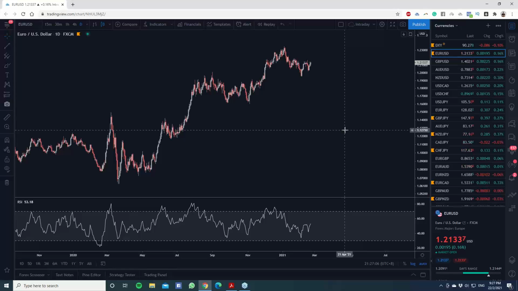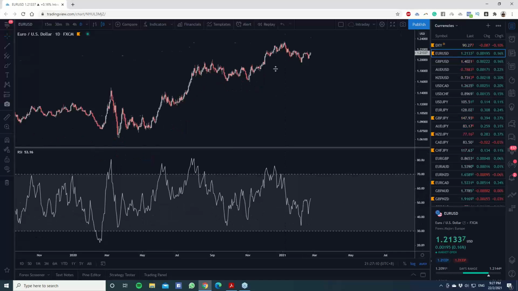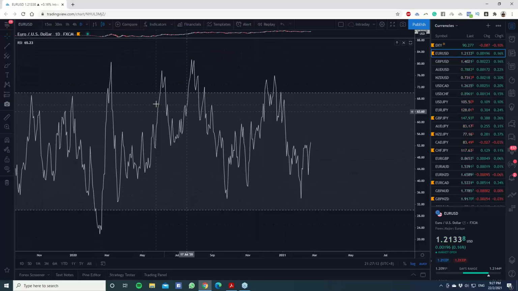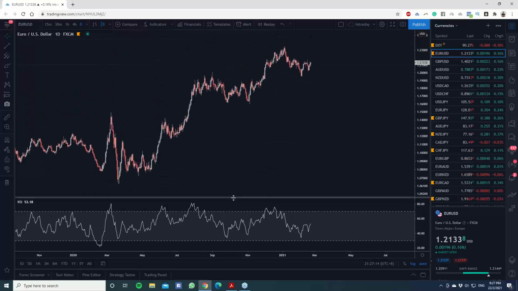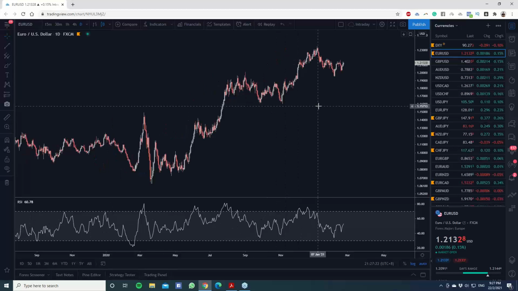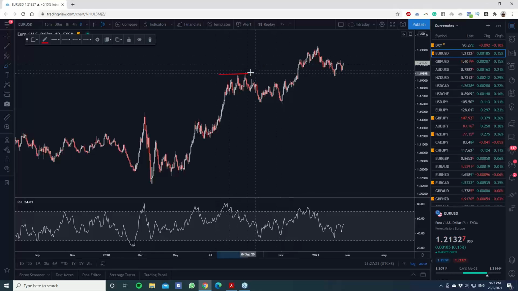Now first off, you can't just look at the indicator and ignore price. You can't trade like that. It doesn't make sense. You need to look at price and the indicator at the same time. Over here, I want you to see that while price is going up, this is a higher high, right?